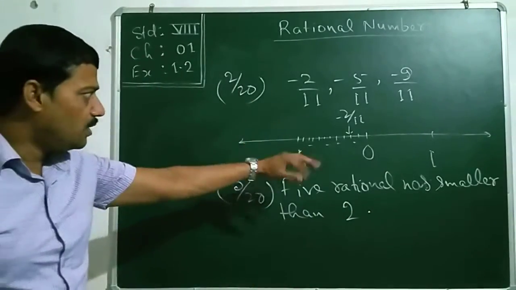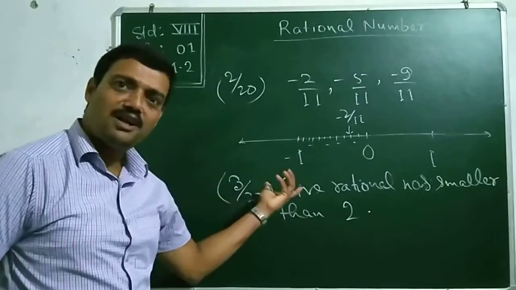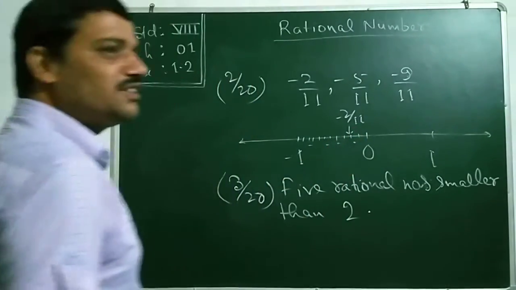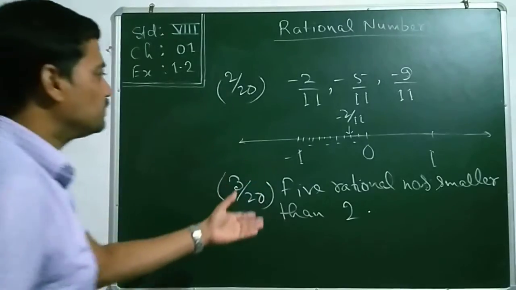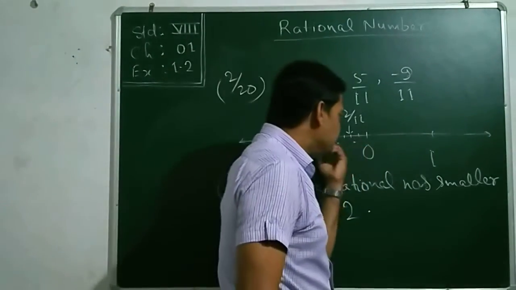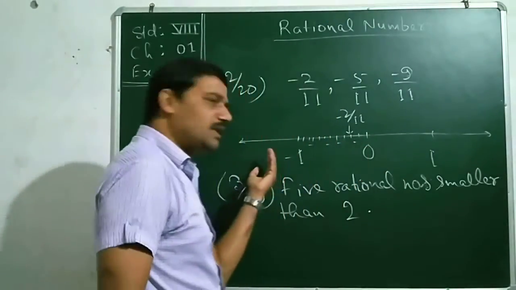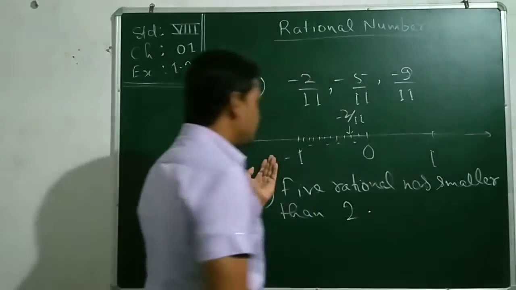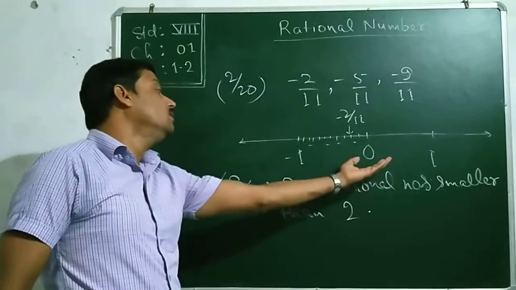Can you imagine, as I had explained on the number lines, all the numbers lying on the left side of a number, if the number lies on the left side, then the number has a smaller value than the number lying on the right side.